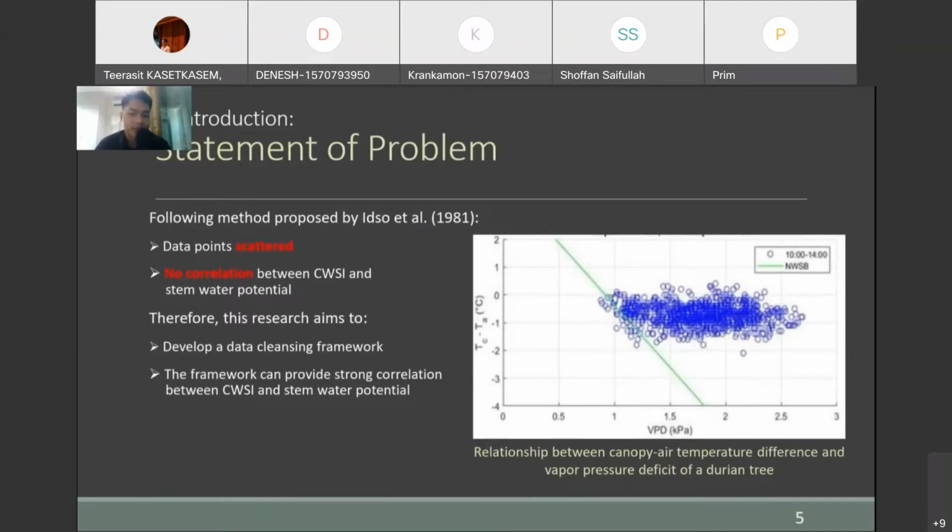And when we try to use a linear equation on this set of data and use it to find the CWSI, it shows no correlation between CWSI and the stem water potential of the tutoring tree. Therefore, this research aims to develop a data cleansing framework which can provide strong correlation between CWSI and stem water potential.